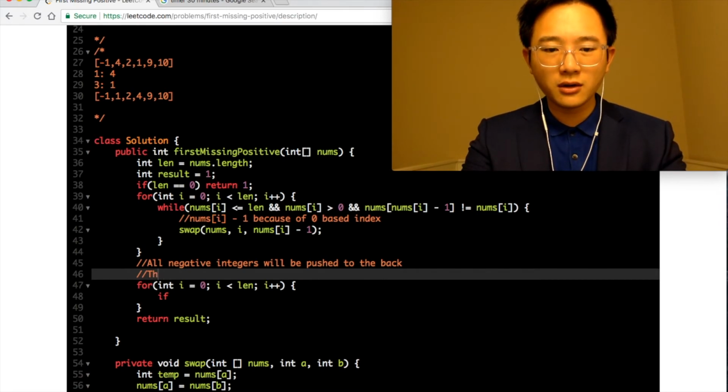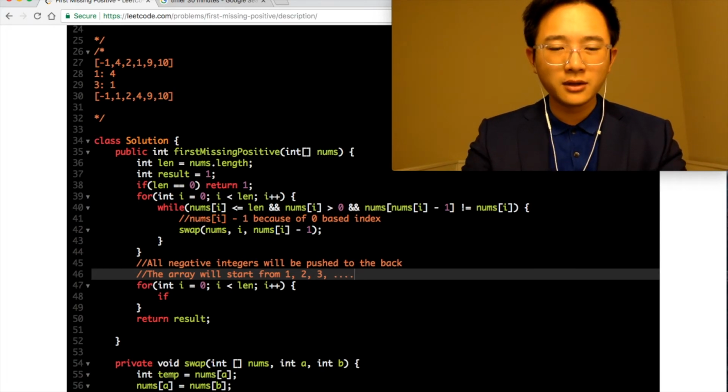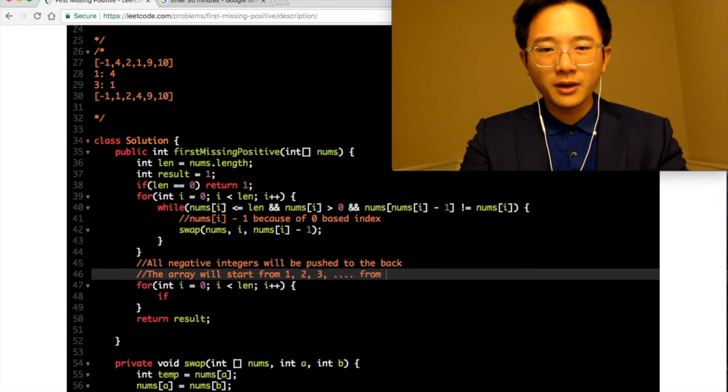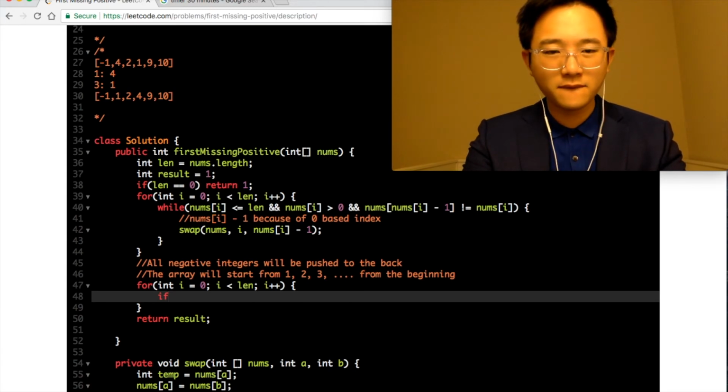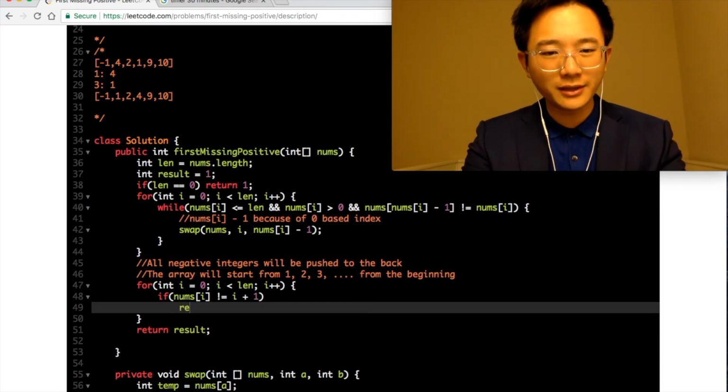The array will start from 1, 2, 3, blah blah blah, from the beginning. Okay, so if numbers I is not equal to I plus 1, then we catch it.